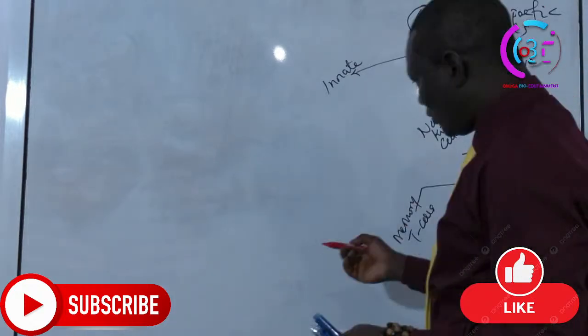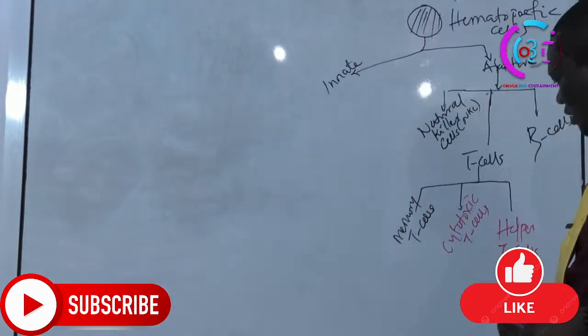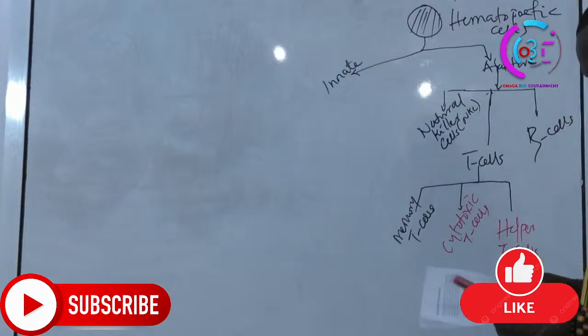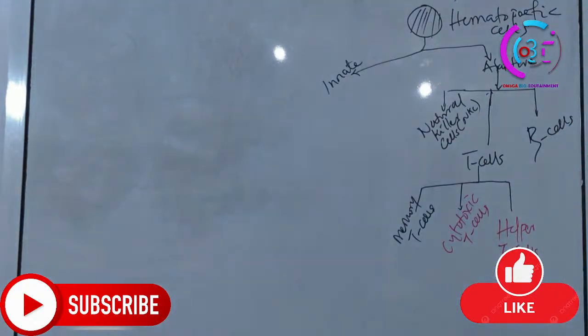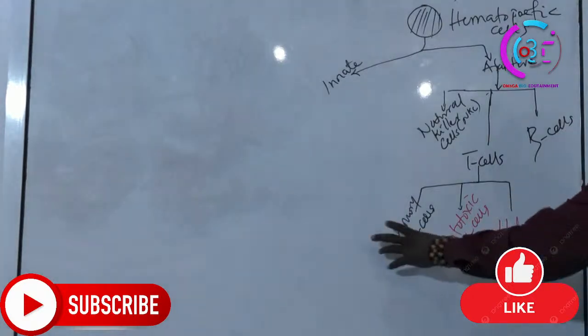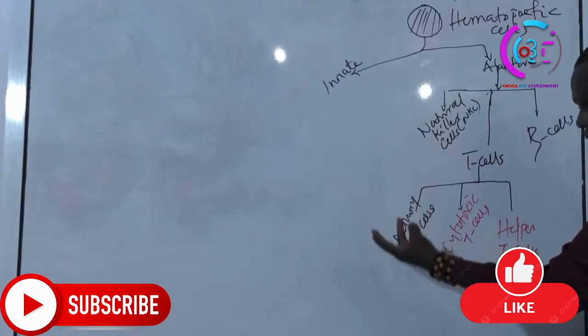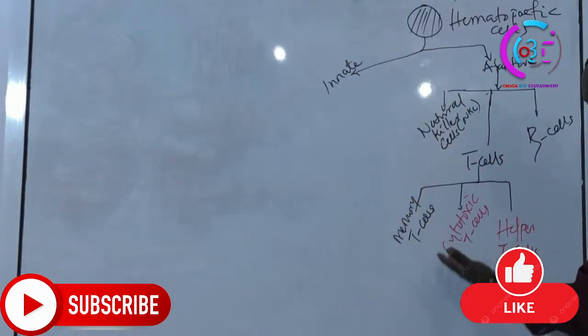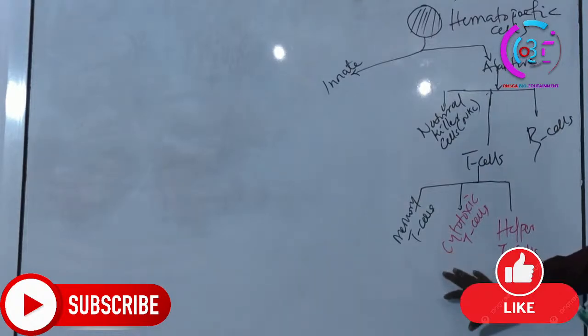We are going to see what memory cells are as we go on. But you should know at this level that T cells can either be memory cells, CTC, that is cytotoxic cells, or it can be HTL.